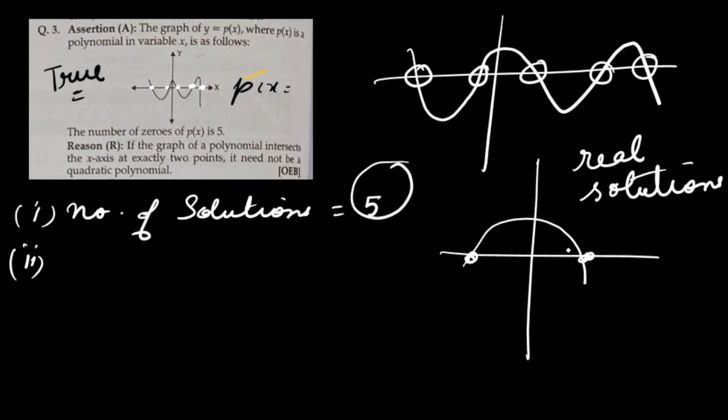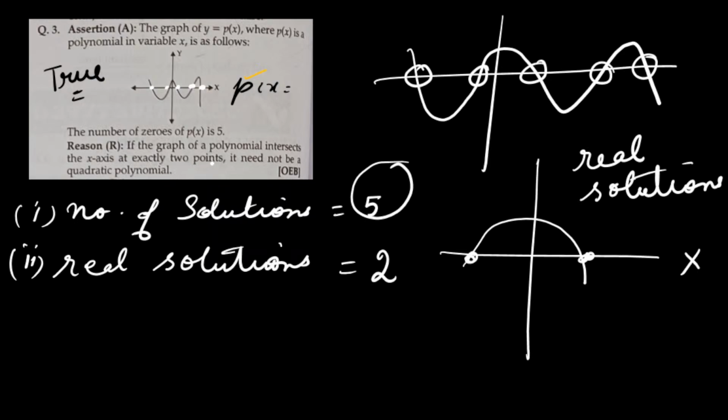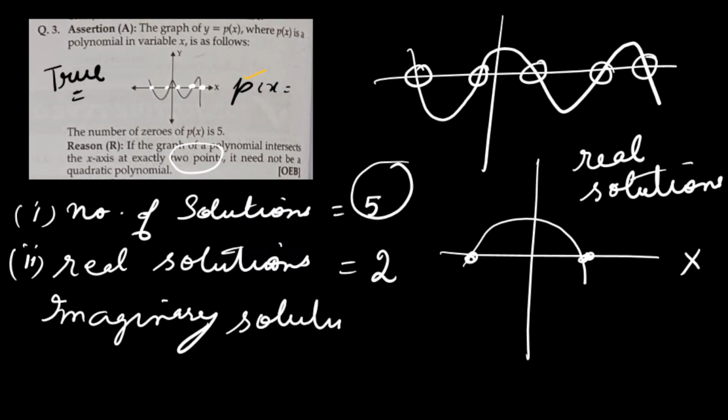So here if the graph is intersecting the x-axis at 2 points, how many real solutions does it have? 2. So that's what they are telling. If the graph is intersecting the x-axis at exactly 2 points, it need not be a quadratic polynomial. Yes, it need not be a quadratic polynomial because it might have imaginary solutions also.